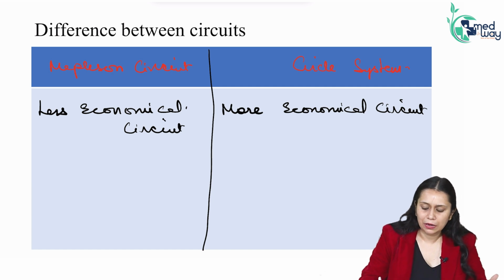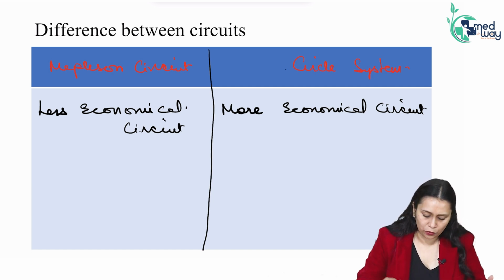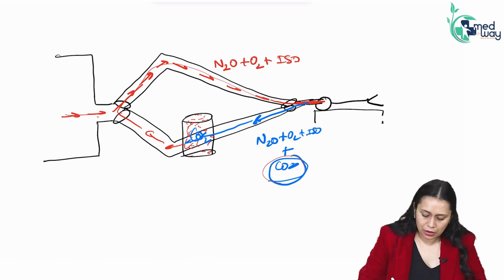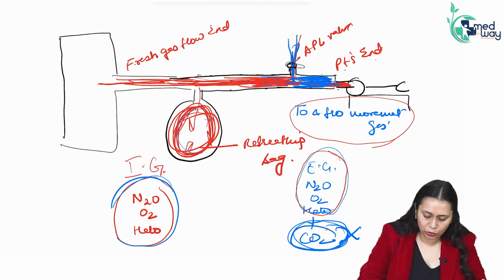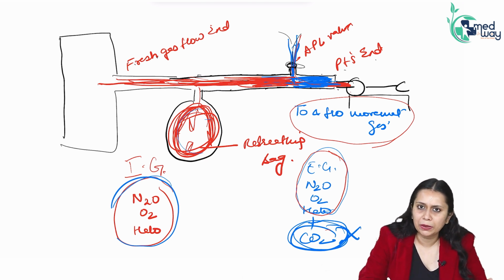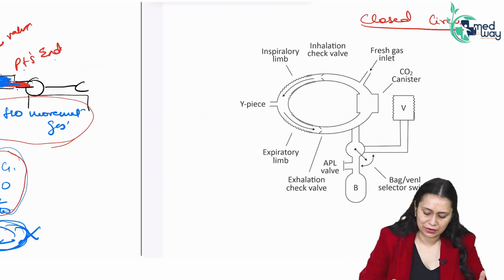The second advantage of the circle system over the Mapleson circuit. If you see here, CO2 is getting absorbed by a chemical reaction, and the rest of the gases are recycled. Here, all the expiratory gases are going into the atmosphere. So OT pollution, atmospheric pollution, even with a scavenging system, is very high in the Mapleson circuit.